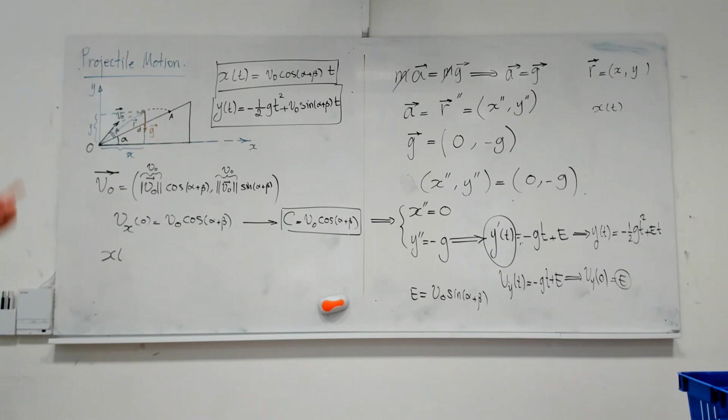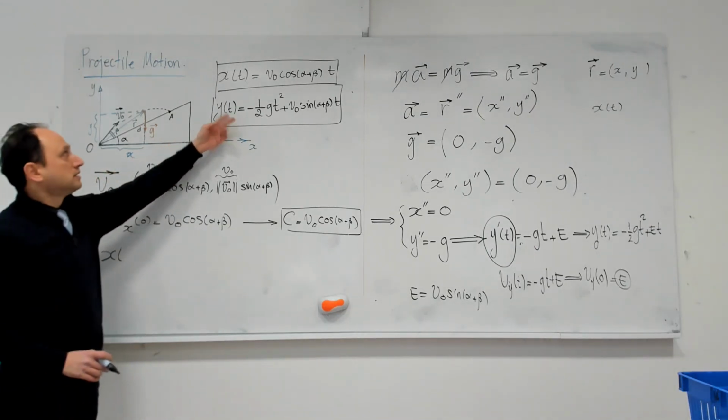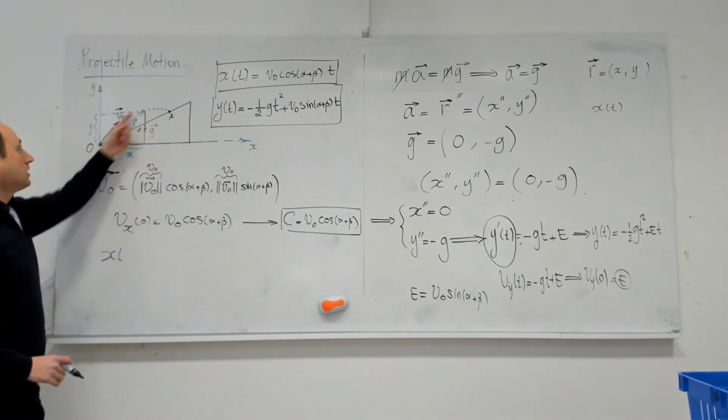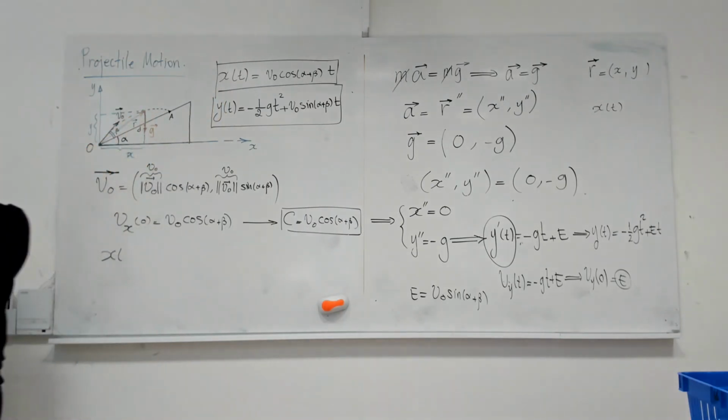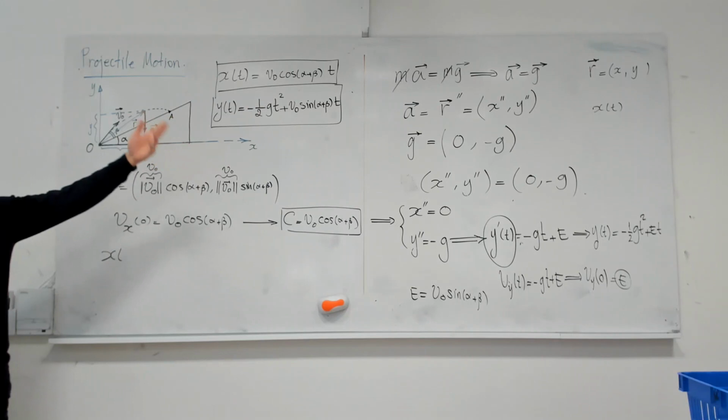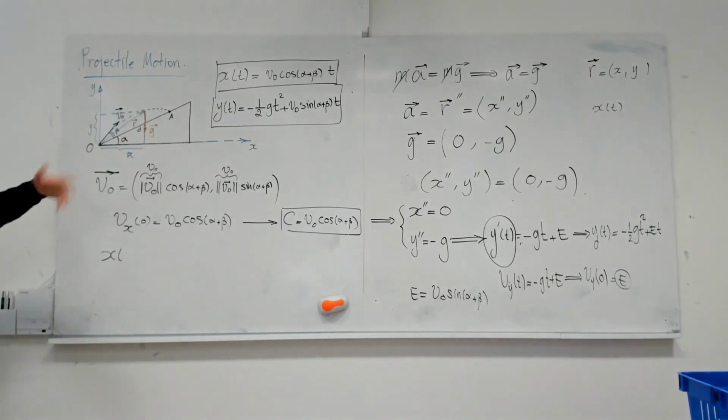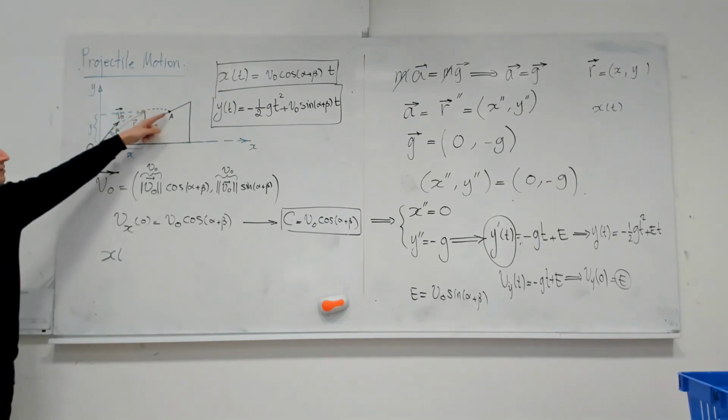So you see x is a function of time, y is a function of time. But sometimes, if I ask you which one of them is representing this trajectory, what is your answer? Is one of them, or both of them, or any kind of relation between them, gives you the equation for this trajectory?